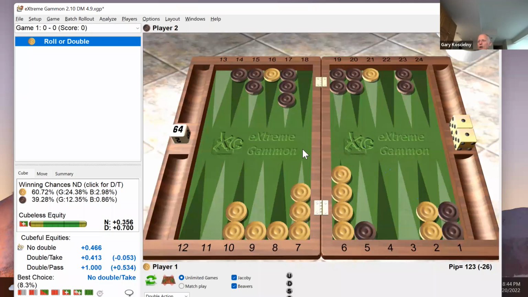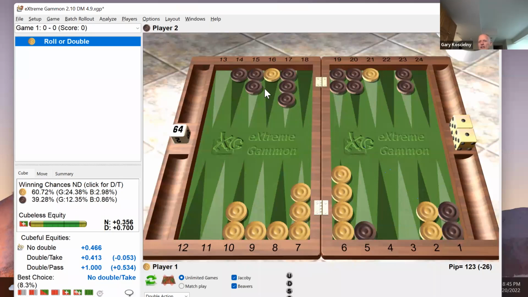So here's where you'd want to go through that and say, well, okay, I've got the anchor. So the worst that can happen is an ace-point game, which is not great, but the ace-point game is 15% wins, pretty much. And white still has to get through the hurdle of this.